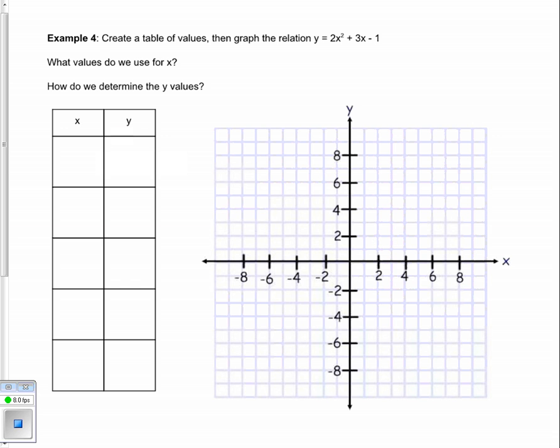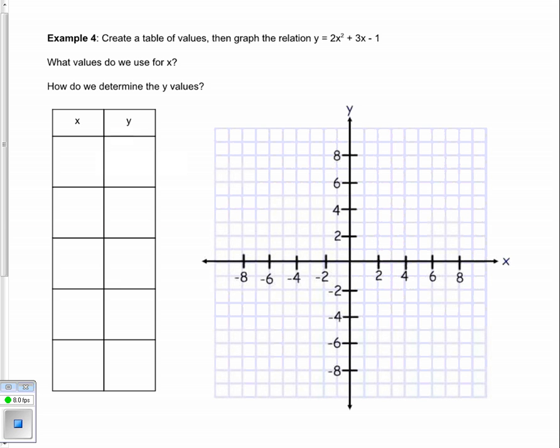So what values then do we use for x? Well, if we look at the graph that's given to us here, we don't want to use huge values for x. We want to use consecutive values for x. And since we have a graph that has both positive and negative values for its x and y coordinates, we're going to go with consecutive x values.